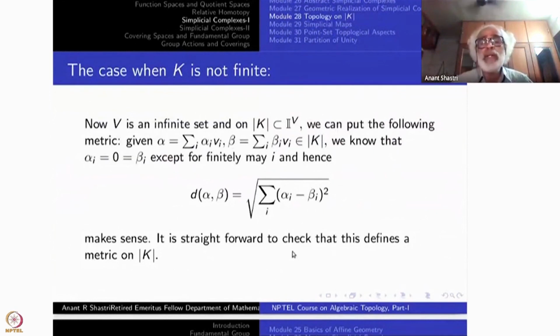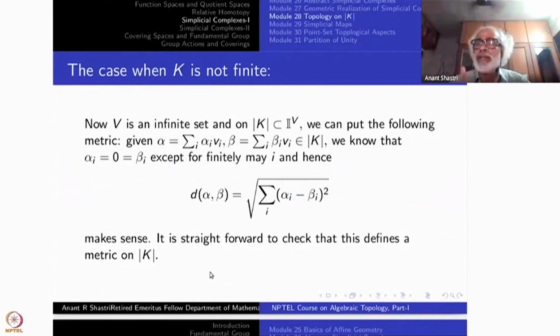This will become a metric, and we have a metric topology now. If K is finite, this is just the Euclidean metric in R raised to n. So whatever topology we have analyzed for K finite, that is the metric topology from Euclidean space.